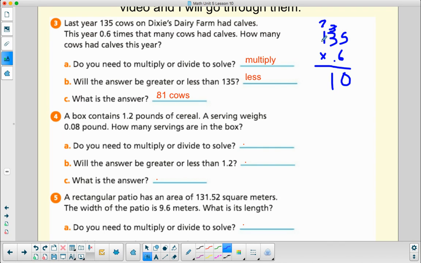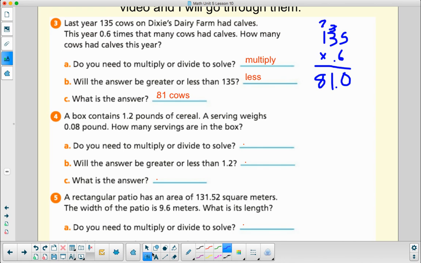And 6 multiplied by 1 is 6, plus 2 is 8. I have 1 decimal place in my factors, so 1 decimal place in my product. It is 81 cows. It is less than 135, which makes sense because it's less than one whole group of 135.